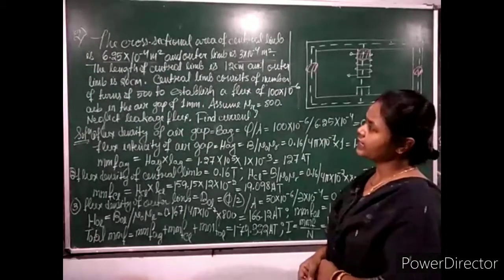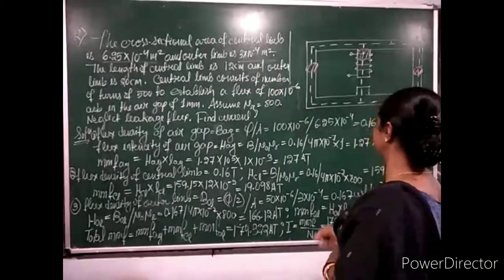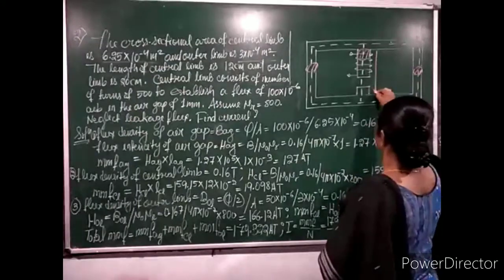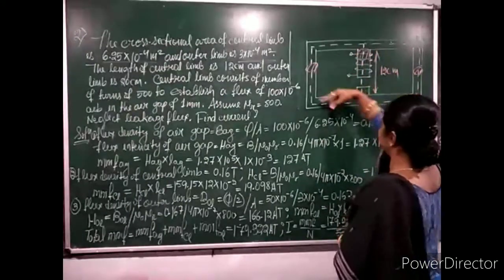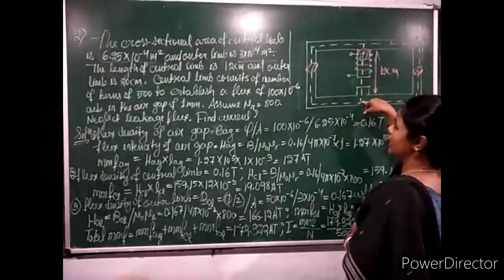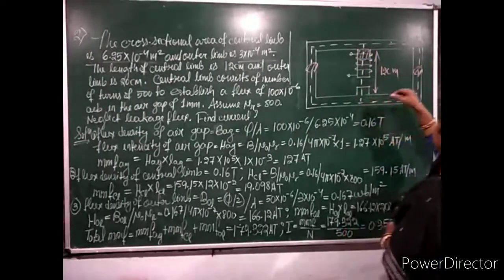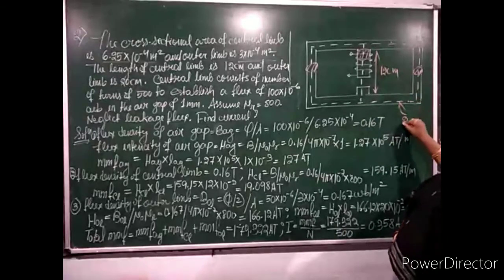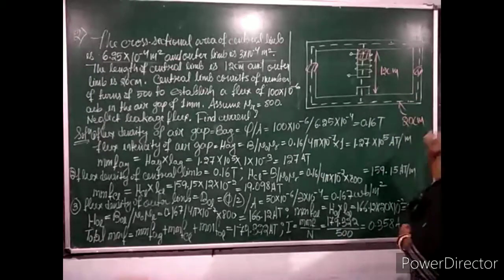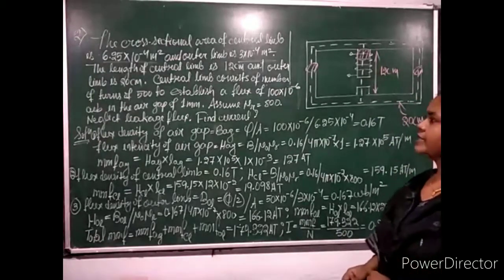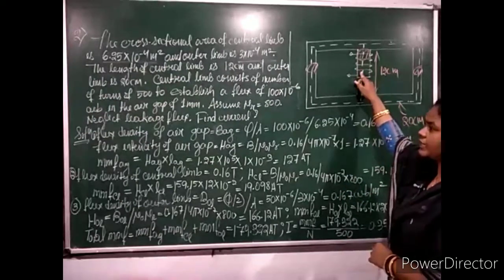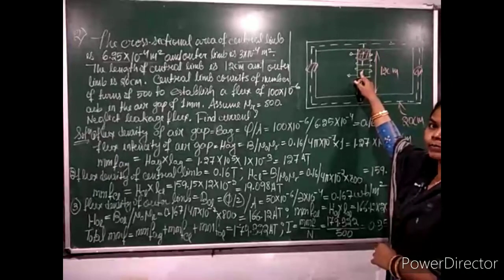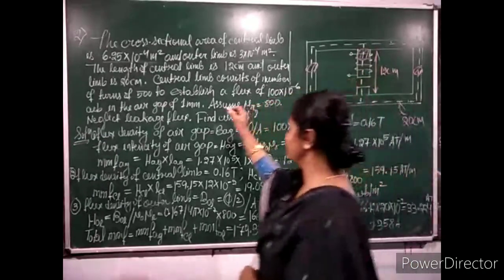Then what data are given? The length of the central limb is 12 centimeter and the outer limb are 20 centimeter. Okay. Central limb consists of number of turns of 500, that is capital N, given here 500.